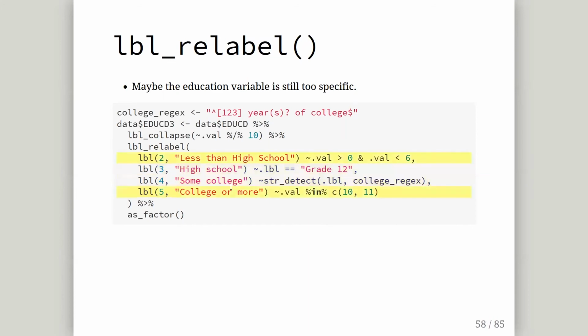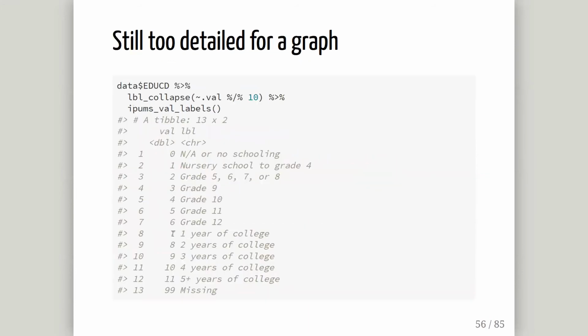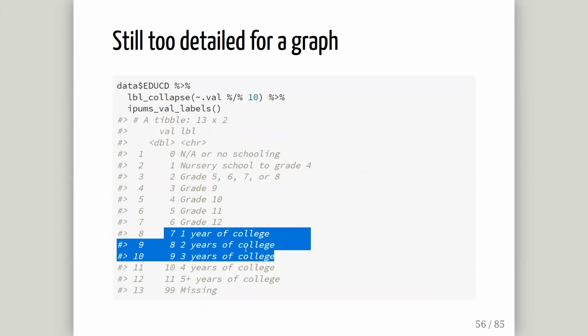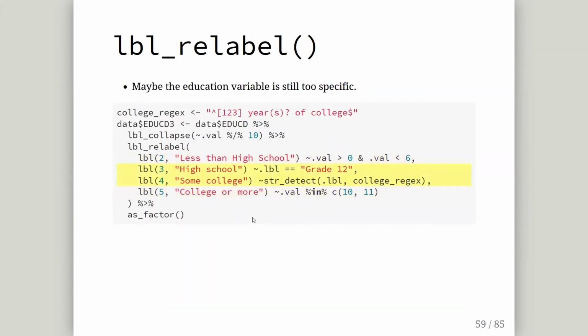So that's why these labels, 1, 2, 3 years of college, will all match that pattern. And so then they'll receive a value of 4 and a label of some college.